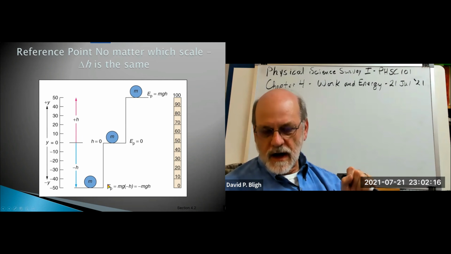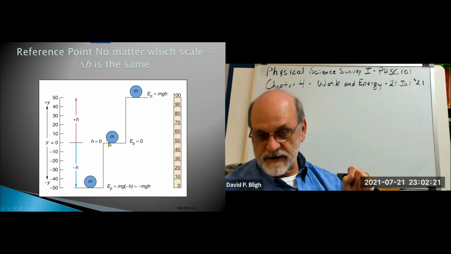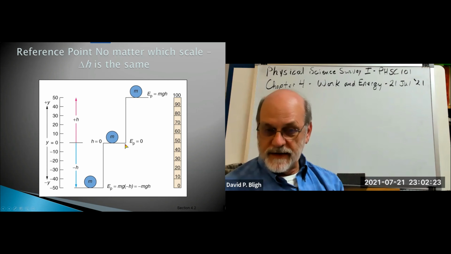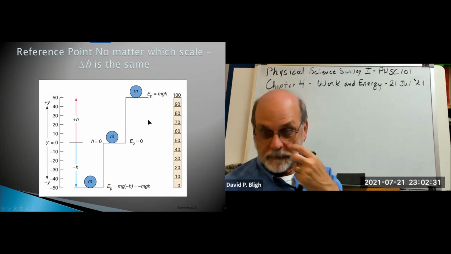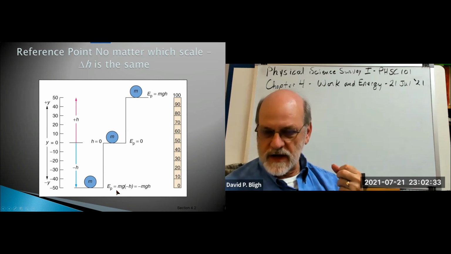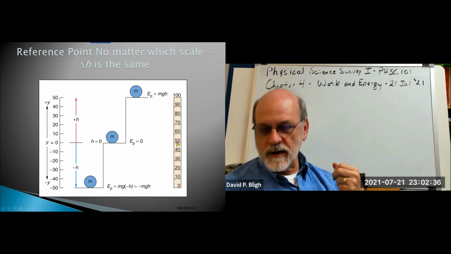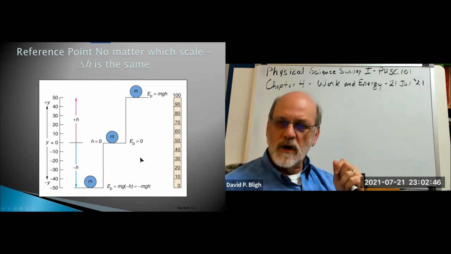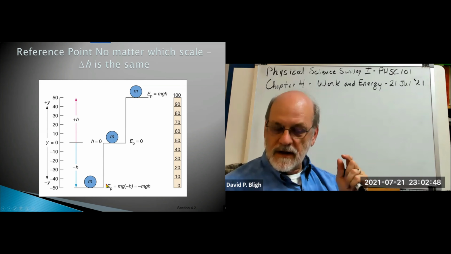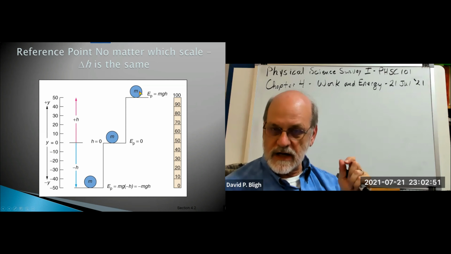In other words, a reference point from here to here, this is 0, and this moves to a new point. And then if we say we want to go from here to here, our new reference point now is this level up to that point. Our original reference point was here. So we're going from 50 to 100. We've moved 50 meters, right? Our new reference point is picked to be 0 for here. If we want to know the total change, then we go from here to here and here to here.